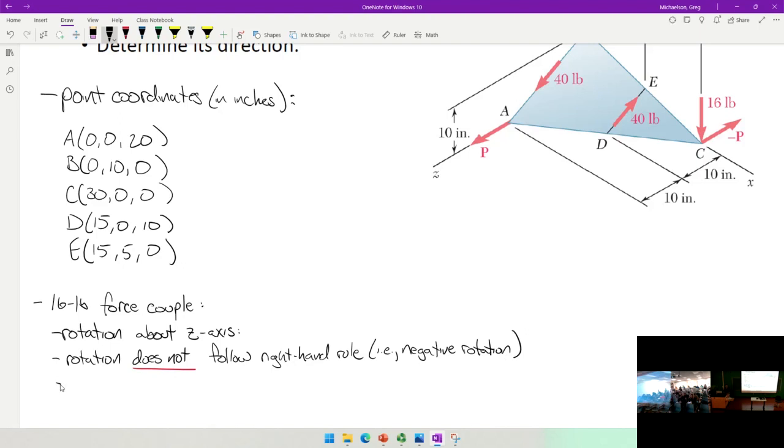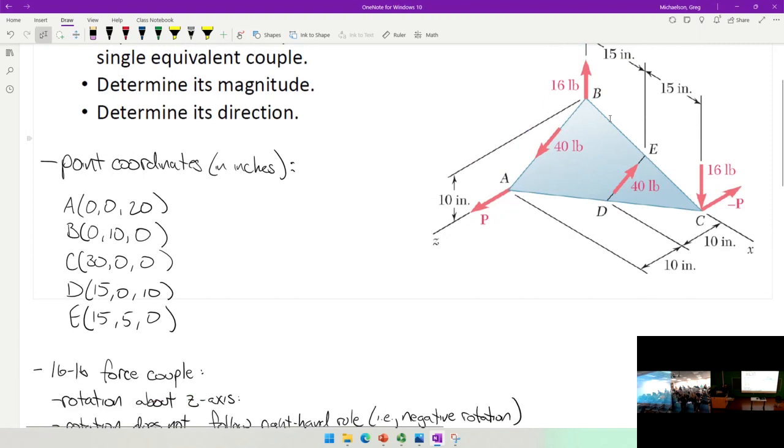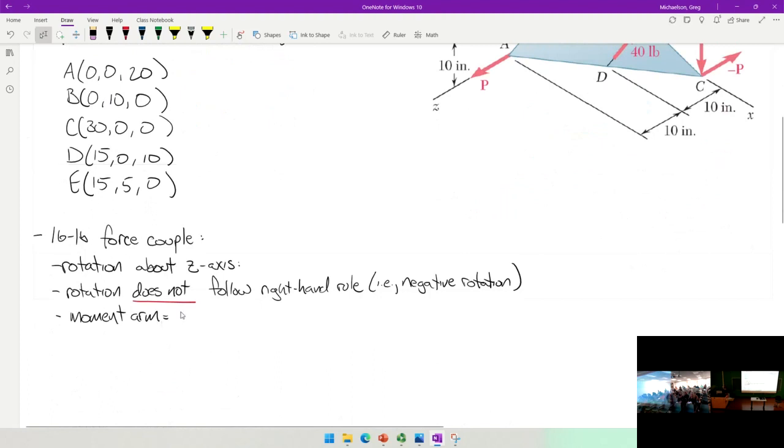Lastly, I want to ask, what is the moment arm for these two forces, the 16-pound forces? Remember, the moment arm is defined as the shortest distance between the two lines of action. What is that? 30, right? So 30 inches.